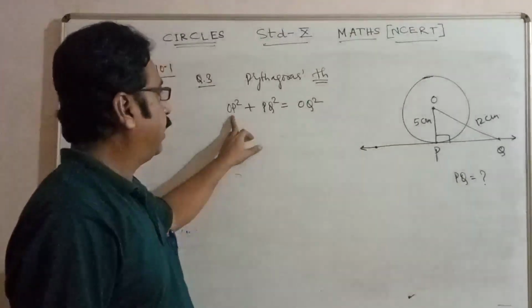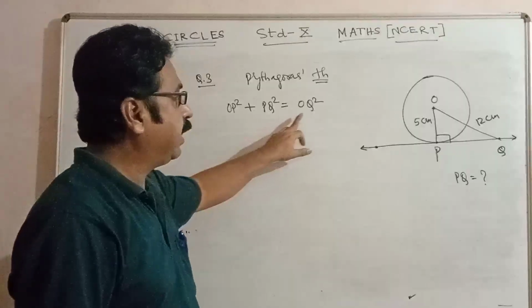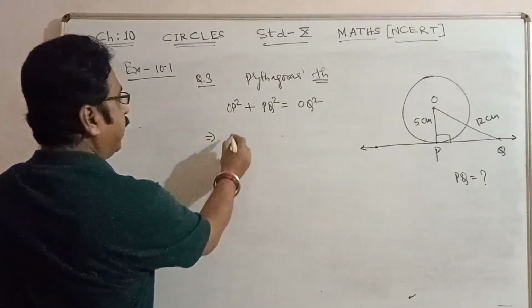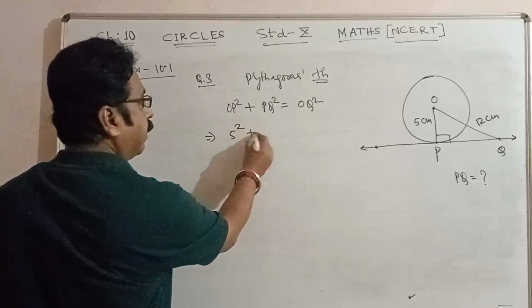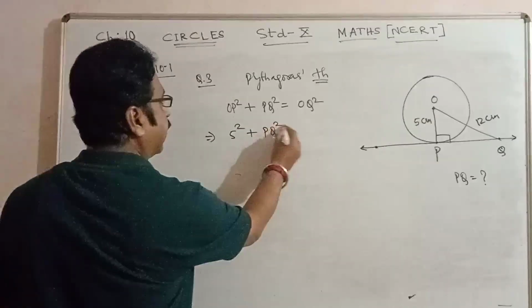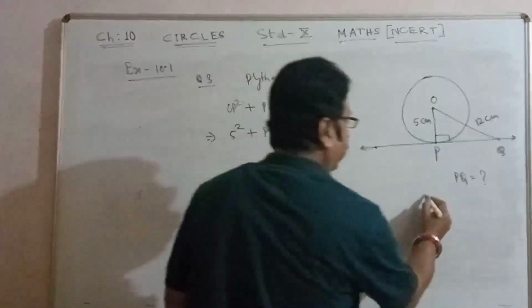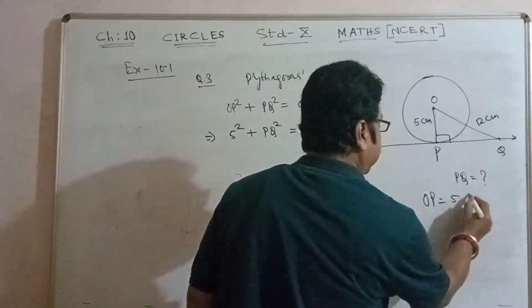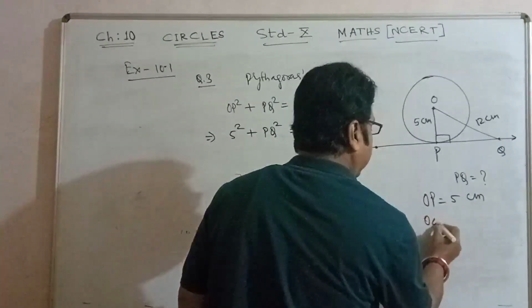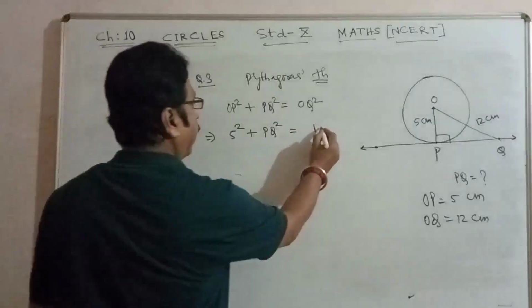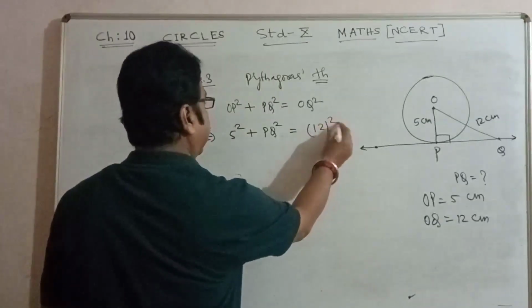So OP square plus PQ square equals to OQ square. OP is 5, PQ is unknown, OQ is 12. Here OP equals 5 centimeter, OQ equals 12 centimeter, 12 square.